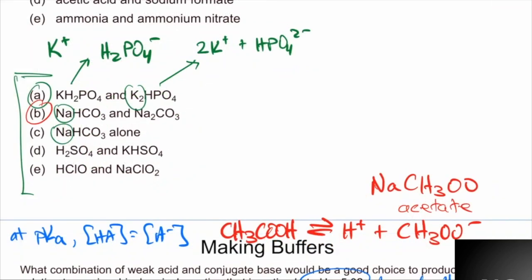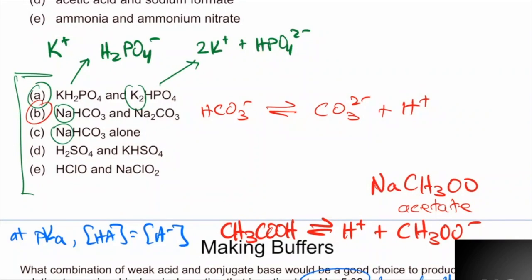How about this one? You do recognize HCO3 minus, hopefully. That's the bicarbonate ion. And you've got this, you know what that is. That's the carbonate ion. And those are also part of a series. This is the bicarbonate ion. Remember that special word, amphoteric? Bicarbonate ion can act both as an acid and as a base. Here it is acting as an acid.